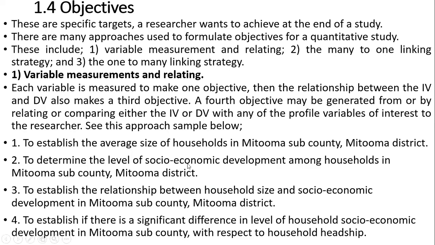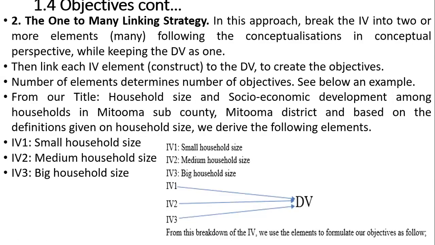And the second is intending to measure the DV, which is socioeconomic development. The third is on the relationship between the IV and DV. And the fourth is measuring differences in socioeconomic development with respect to household headship. You may follow that, or you may follow another approach.